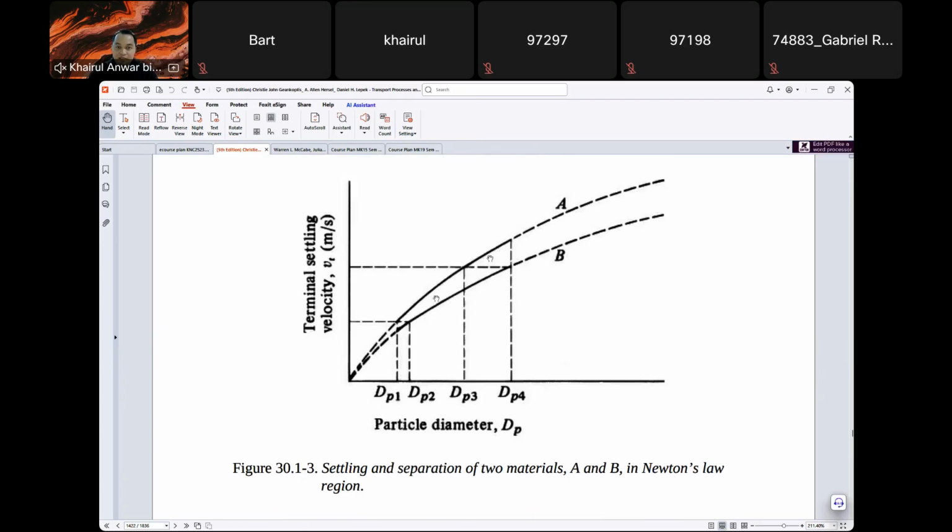This is the velocity, and this is the diameter of the particle.